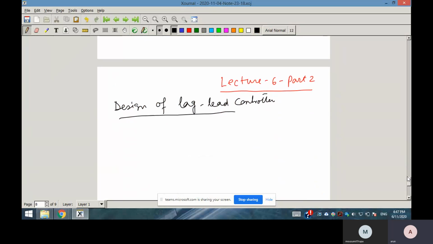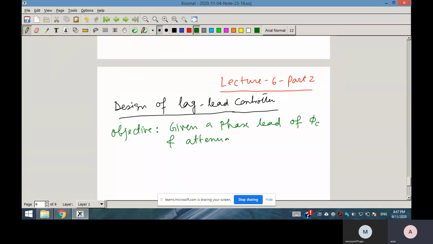Now for the design, we will use the same algebraic method as we used for lag and lead controllers. So what is the objective? Given a phase lead of phi c and attenuation Mc in dB.